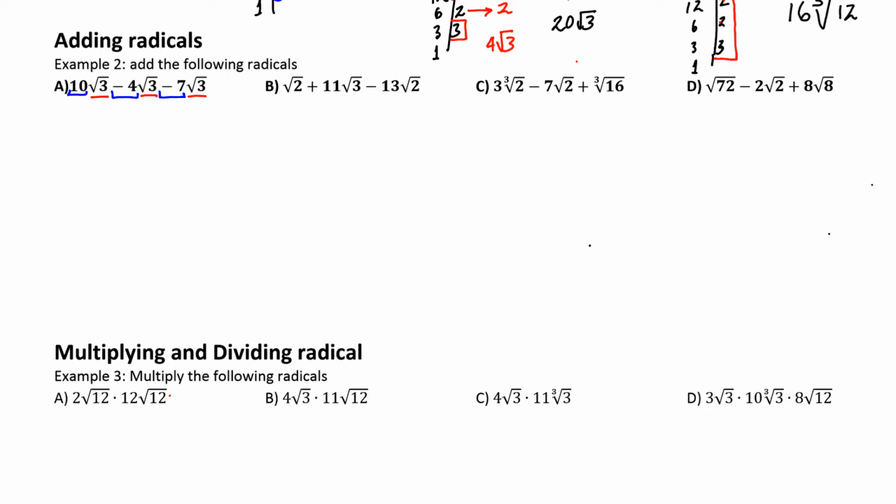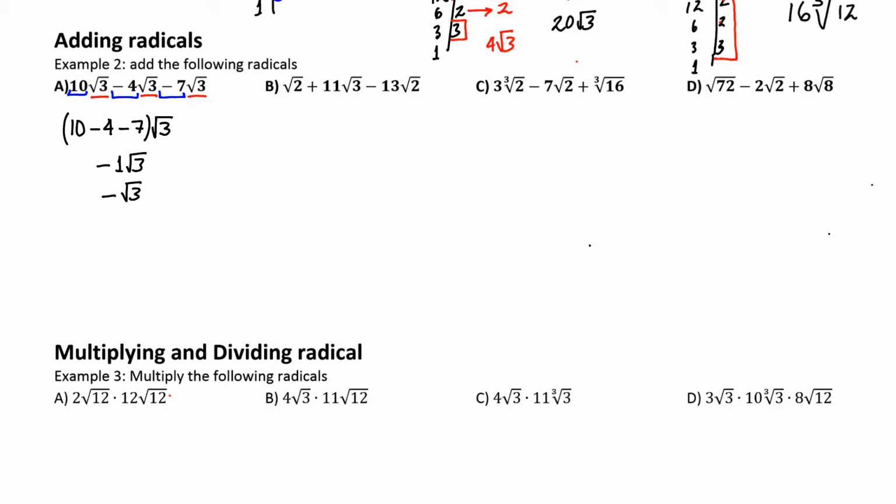So we're going to have 10 minus 4 minus 7, okay, square root of 3. Add them together. 10 minus 4 is 6, minus 7 is -1, square root of 3, or negative square root of 3 is fine. Okay, just remember that we need to have the same radical. If they differ in any way, we cannot add them together.